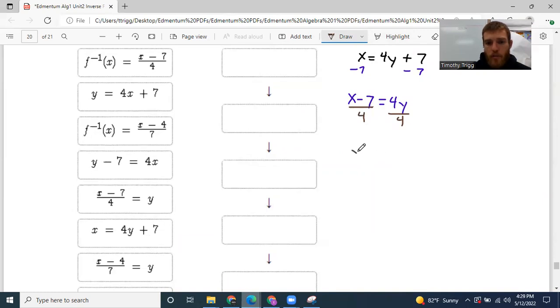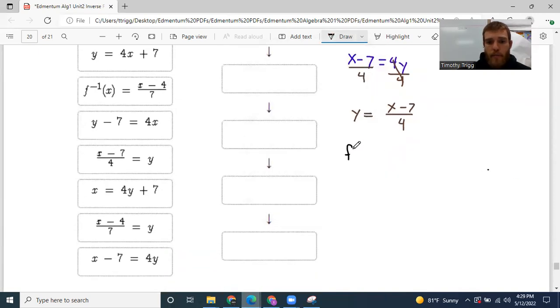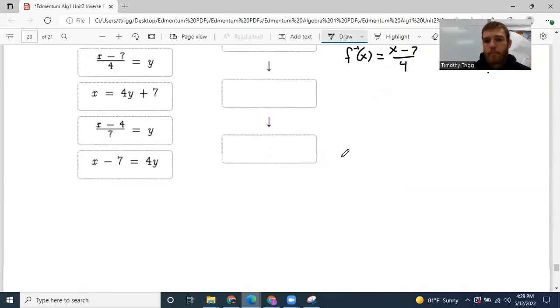And we'll move the y to the left side here after these 4's cancel. x minus 7 over 4. Then lastly, replace y with f inverse of x. So make sure to put the correct steps in this order.